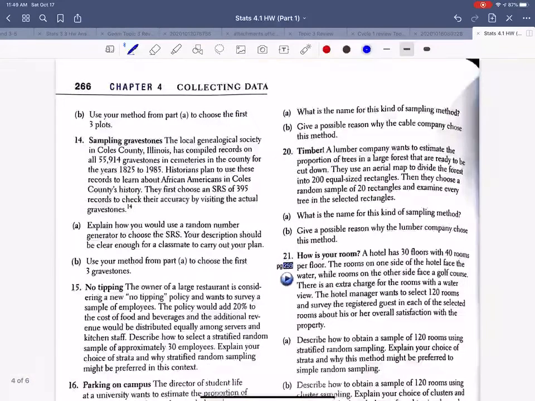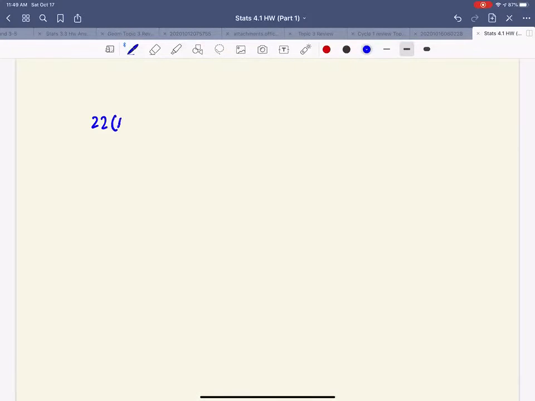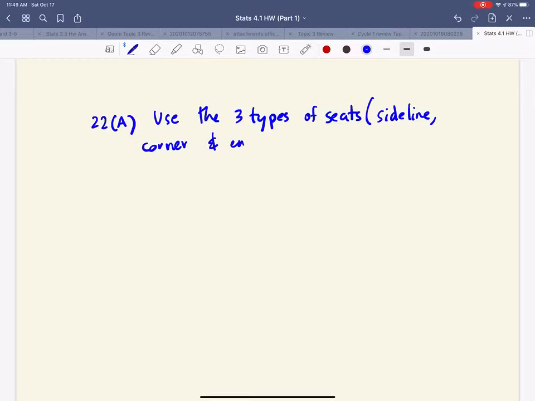If I go to a place to write, so 22A, we see that we want to be able to use the 3 types of seats: sideline, corner, and end zone as our strata.